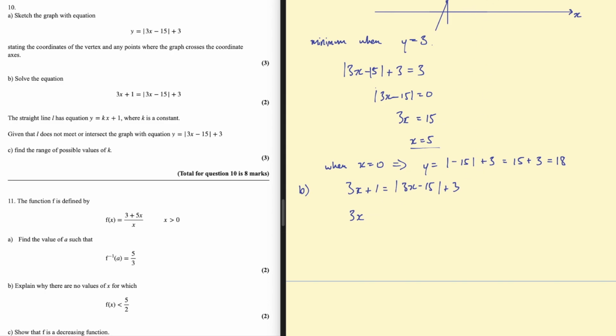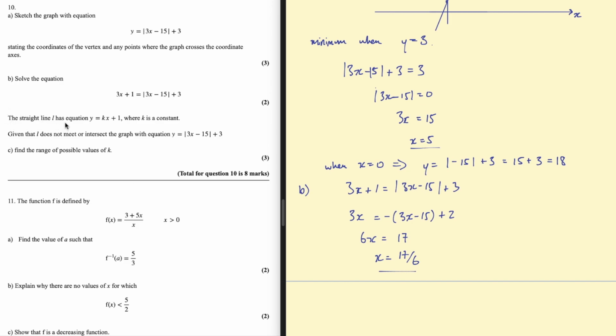So subtract that 1. This is equal to negative 3x take 15 plus 2. Then expand that negative to both terms. This will be 3x plus 3x, so 6x equal to positive 15 plus 2, so 17. And then we get x equal to 17 on 6. And that will be our x solution. Well, we didn't need the coordinates, we just needed the value of x. So there we go. That was part B.